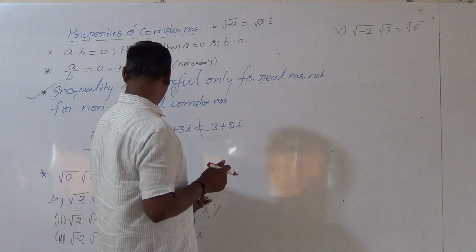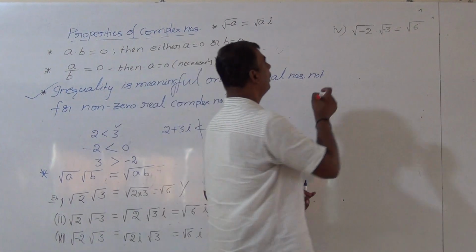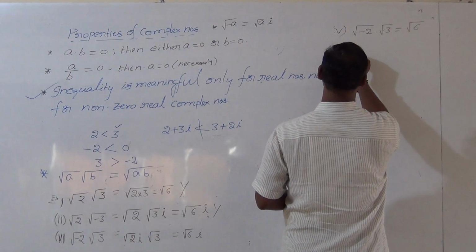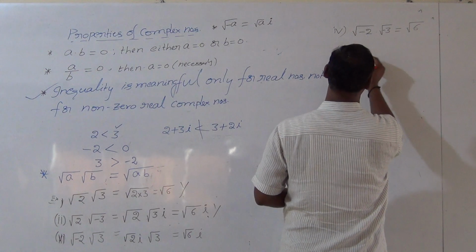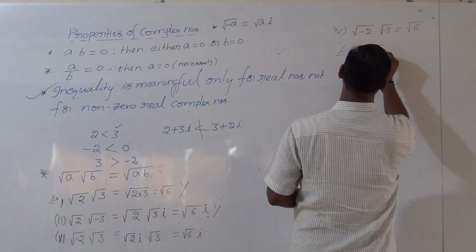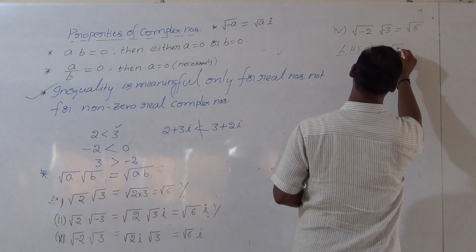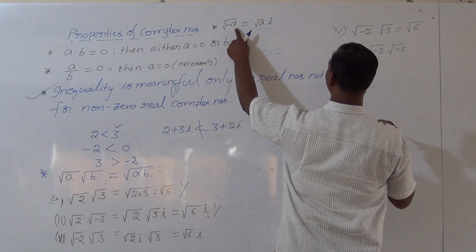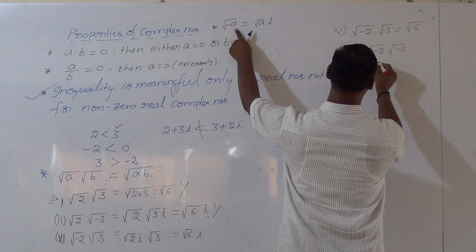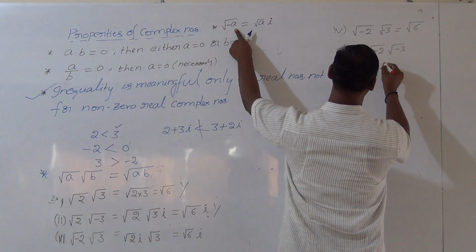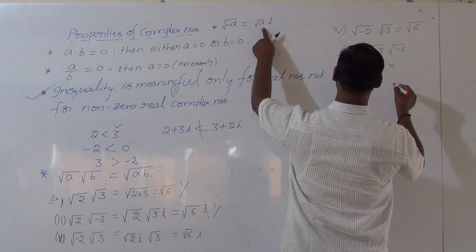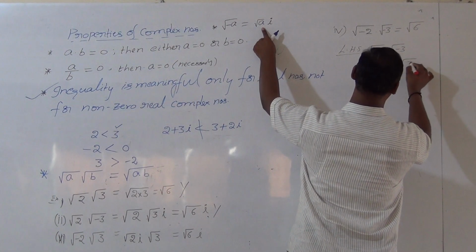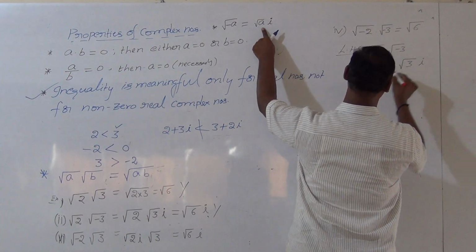Let us see. I will take the left hand side value, LHS: square root of minus 2 into square root of minus 3. I can write this according to the property as square root of 2 into iota into square root of 3 into iota.